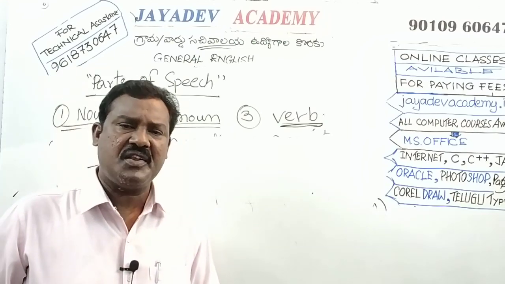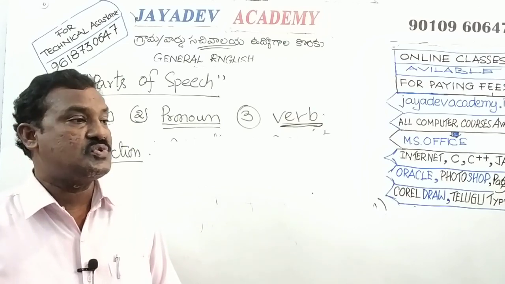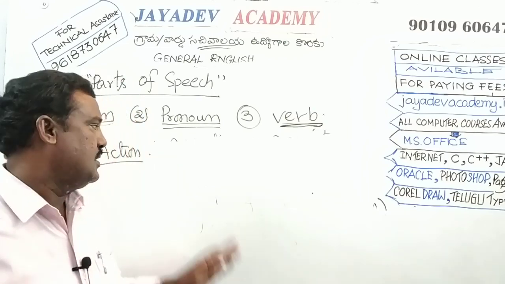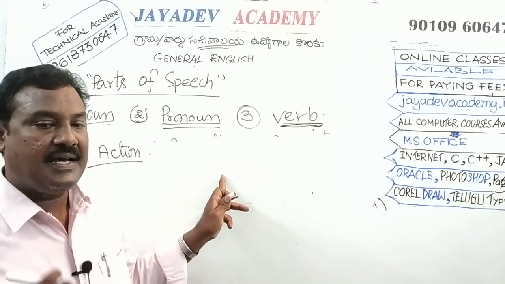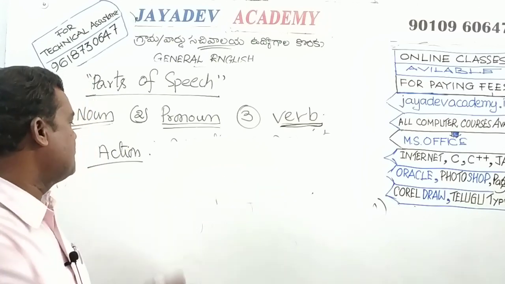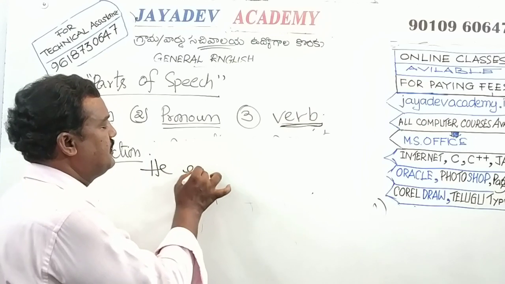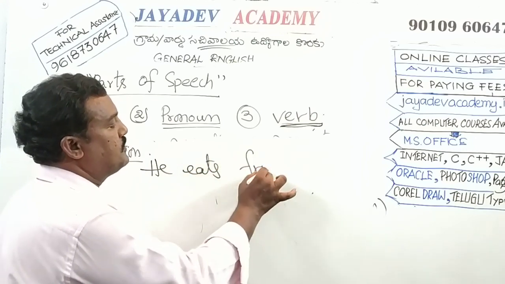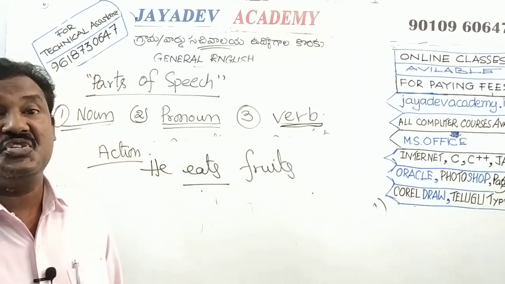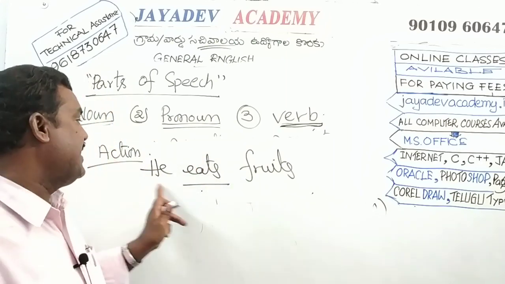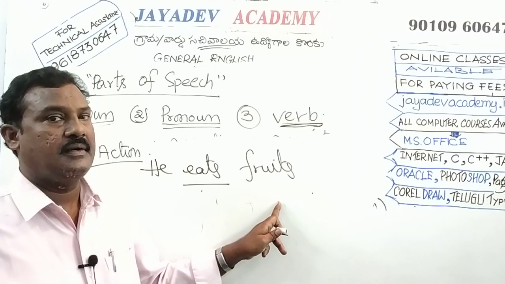From morning to evening, we do so many actions. So action verb expresses the function of the person. He eats fruits. Here, eats is the verb which shows the action of the subject.